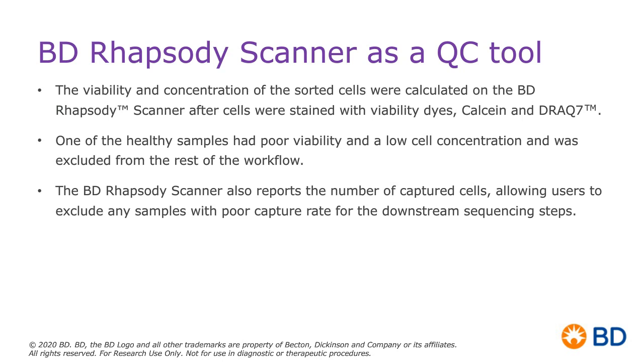Of course, the Rhapsody system can let you know if there's the defined number of captured cells and how many cells are multiplets, as well as the number of cells that are loaded with beads. Now, it was noted in our specific experiment, one of our healthy samples had poor viability and low cell concentration and was excluded from the rest of the workflow.